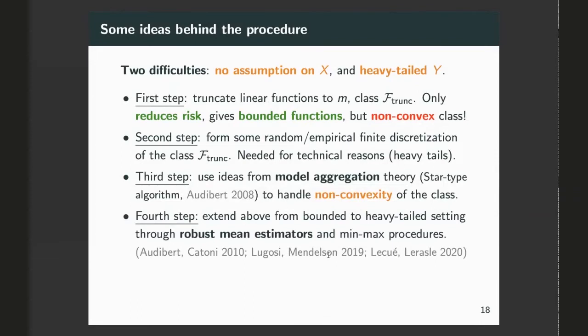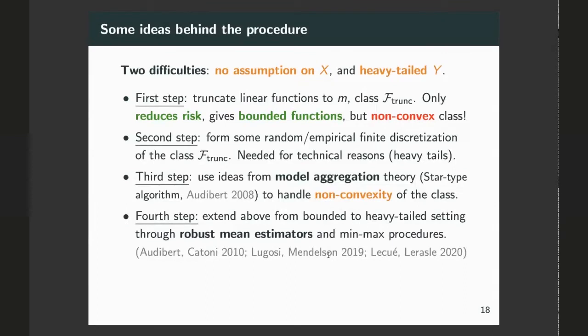Okay, and the fourth and last step is that we also have to recall that y is heavy-tailed, so we have to do something to handle this. To account for the fact that the output can be heavy-tailed, we use some robust mean estimators and some min-max procedures. Here we were inspired by what was done by Audibert and Catoni for linear regression, and also by Lugosi and Mendelson, as well as Lecué and Lerasle.